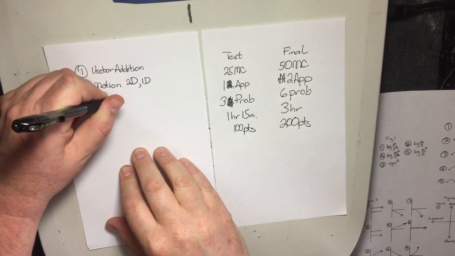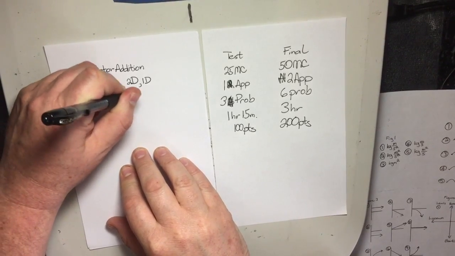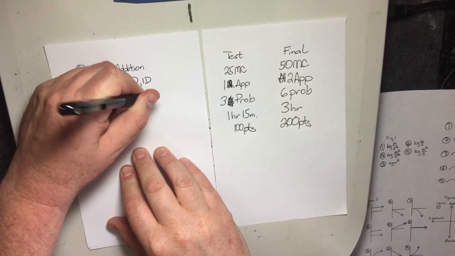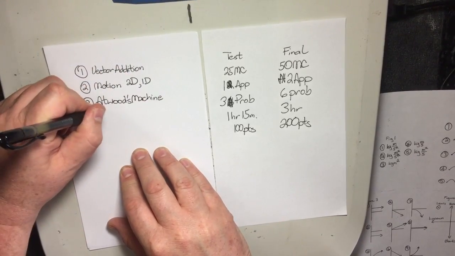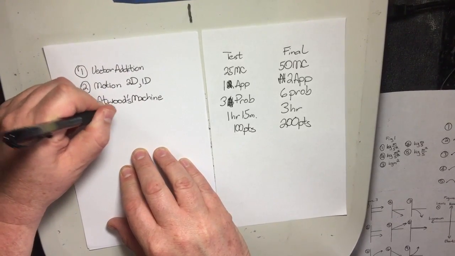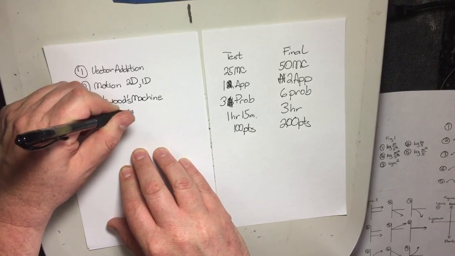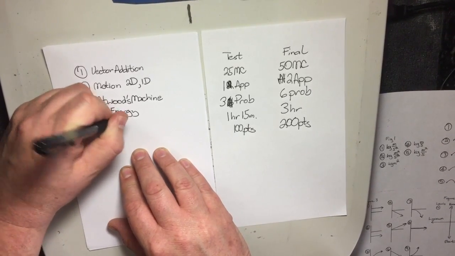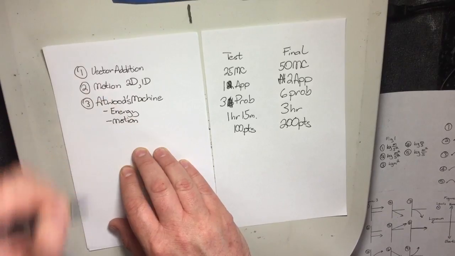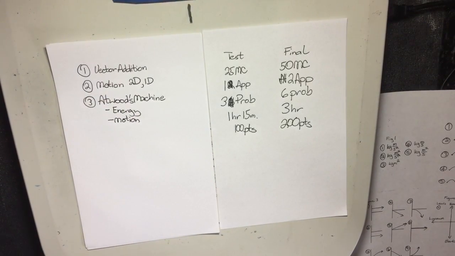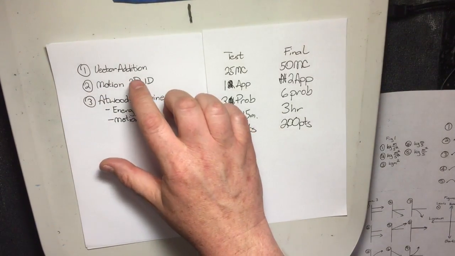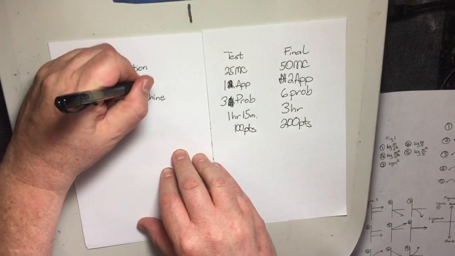Atwood's machine. It will either be energy or motion. Now, an Atwood's machine effectively is 1D motion, so probably it's going to be a 2D and an Atwood's machine.